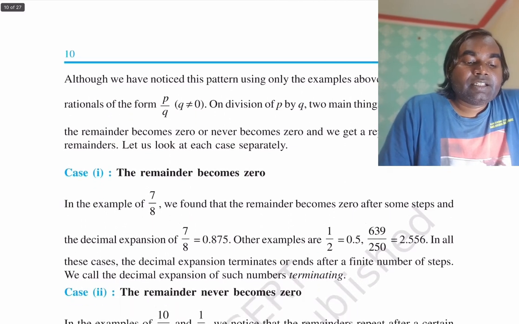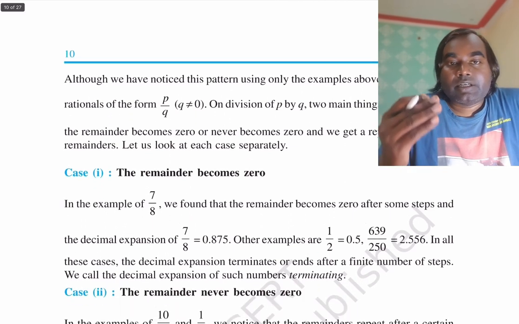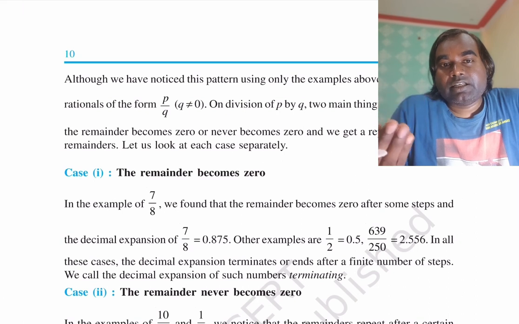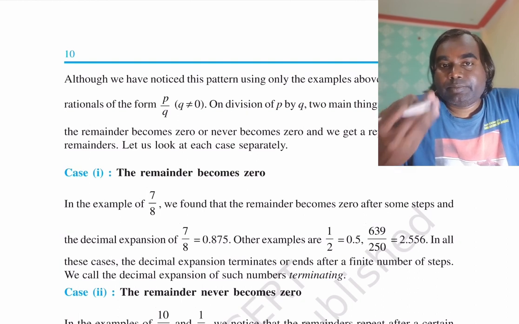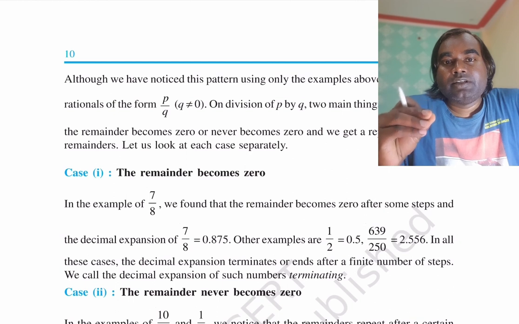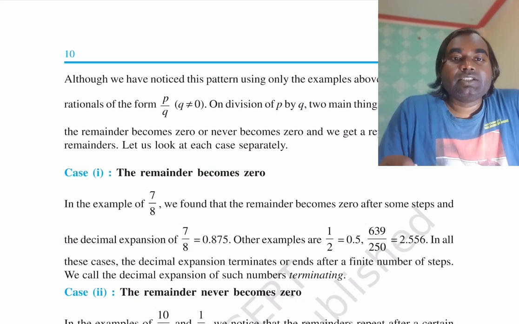It means that after getting the decimal expression for a rational number, we get the quotient in terms of terminating or non-terminating values. So we will see those things.